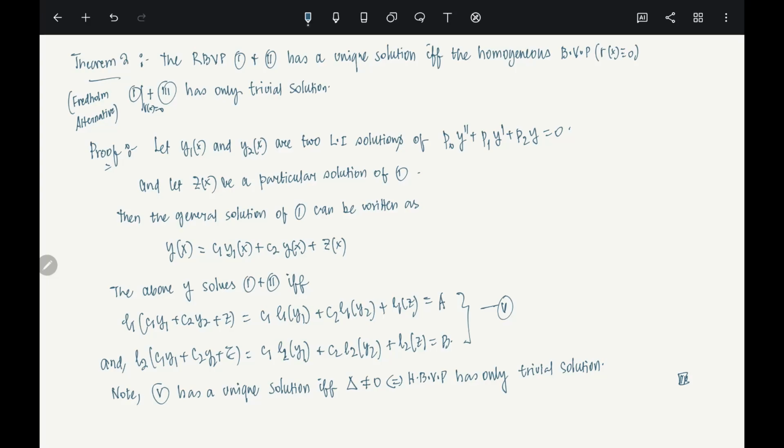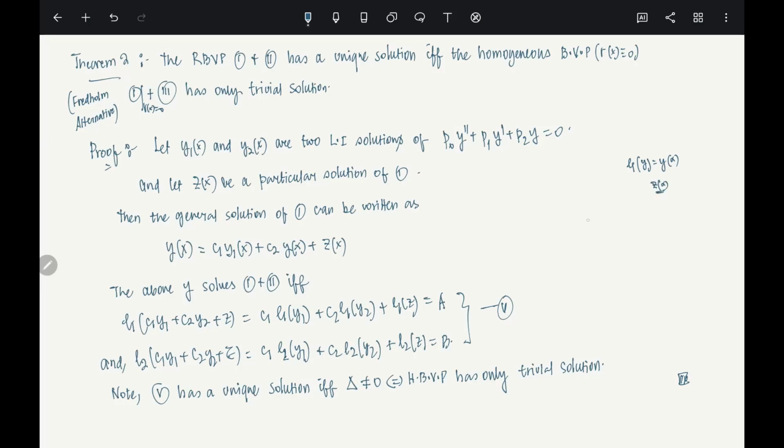See, L1 of Z and L2 of Z are basically some numbers, right? For example, let's say L1 of Y is given by Y at the point alpha. So what is L1 at the point Z? It's nothing but Z at the point alpha, which is just a number.